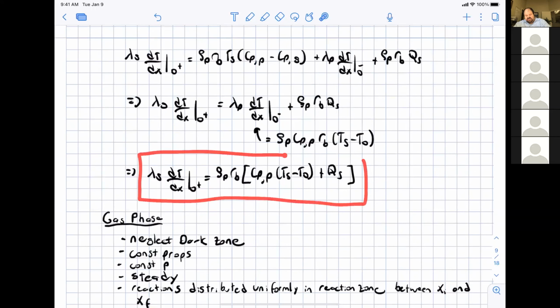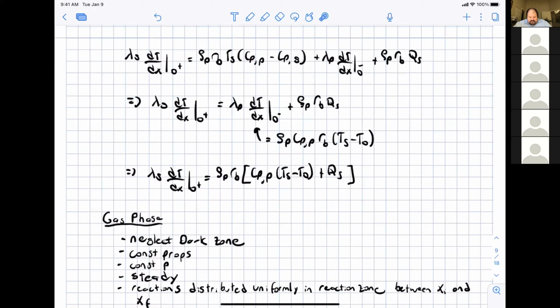With the interface, we jumped from the condensed phase heat flux over here, and applied our conditions. In terms of the interfacial heat of reaction, due to either vaporization or an endothermic or even exothermic pyrolysis reaction, we use the interfacial jump conditions to jump the heat flux from the condensed phase side to the gas phase side.